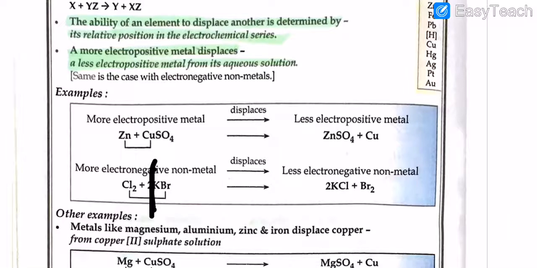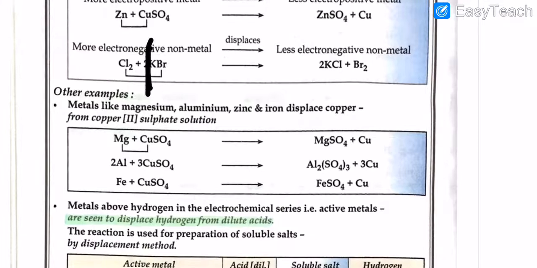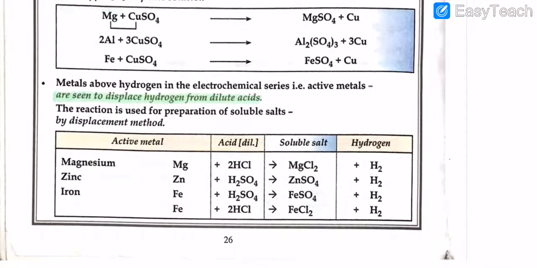Then other examples would be metals like magnesium, aluminium, zinc, and iron displacing copper. Fine. And then metals above hydrogen in the electrochemical series, that is active metals, are seen to displace hydrogen from dilute acids, and the reaction is used for preparation of soluble salts by the displacement reaction. So the table is given over here.